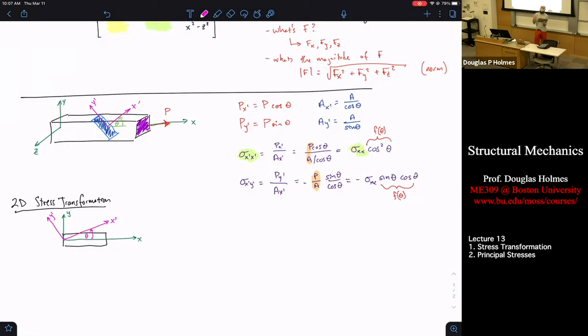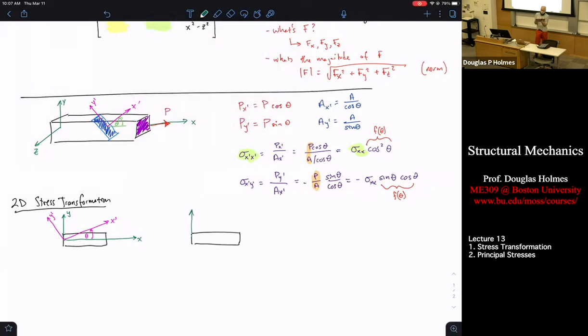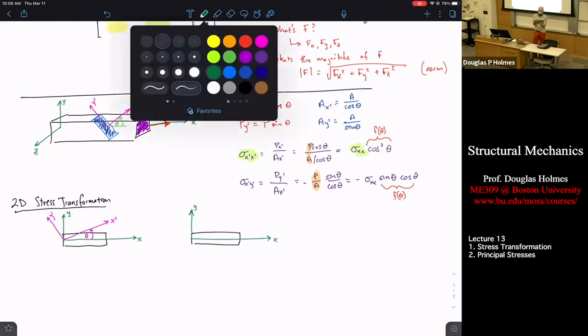But just because this might lead to some confusion in thinking back to what you've learned in the past, your other option is you could say, here's my object. And you could say, you know what, my coordinate system is fixed. Don't change that.